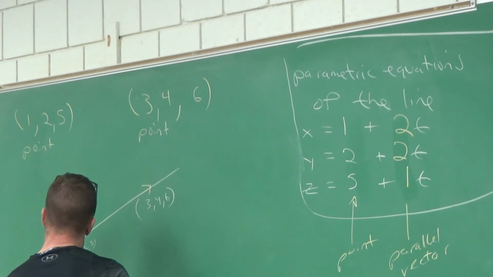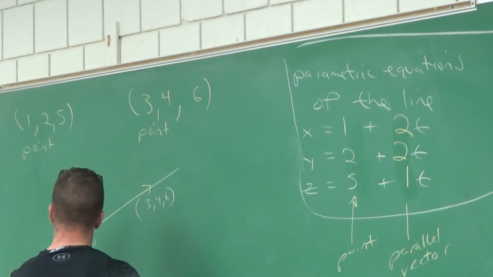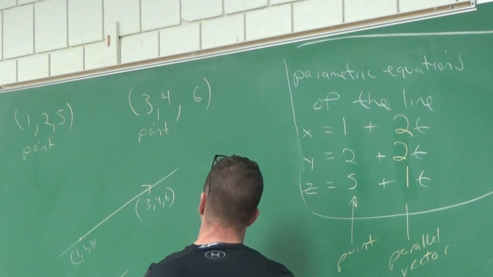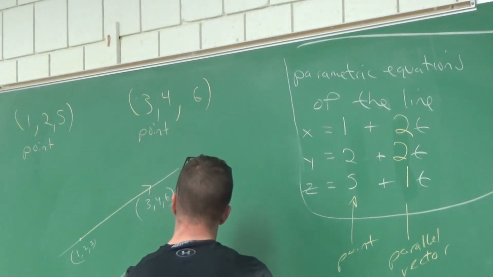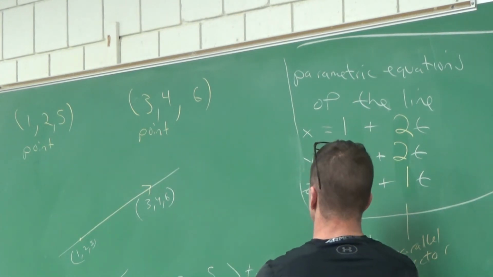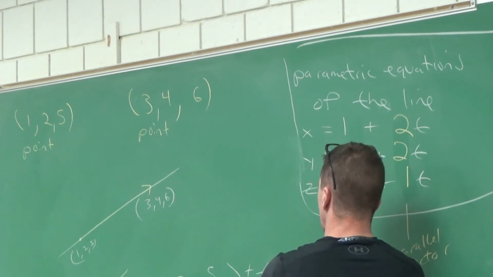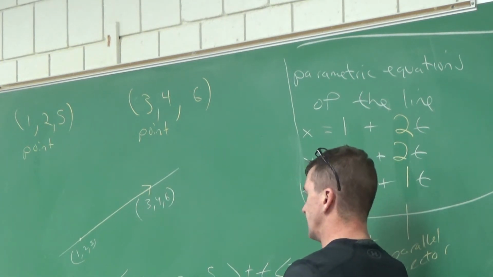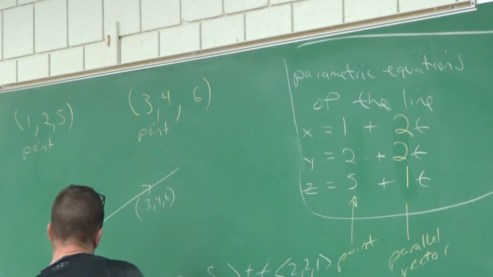What's the vector equation of the line? R of t, right? Then yeah, 1, 2, 5 plus t times 2, 2, 1. Just remember, where is that parallel vector going? With the parameter, right? We derived it that way. Or what's another way?